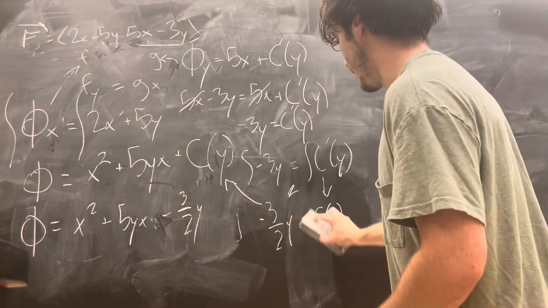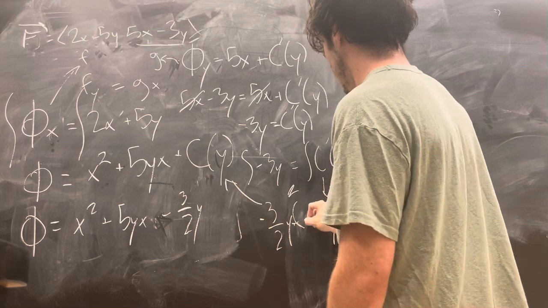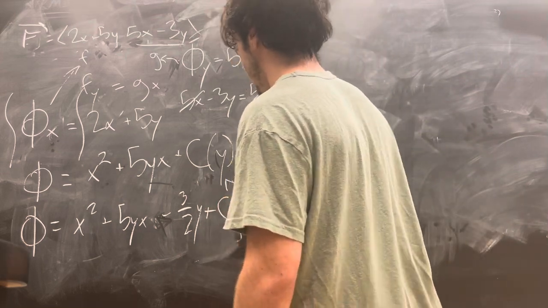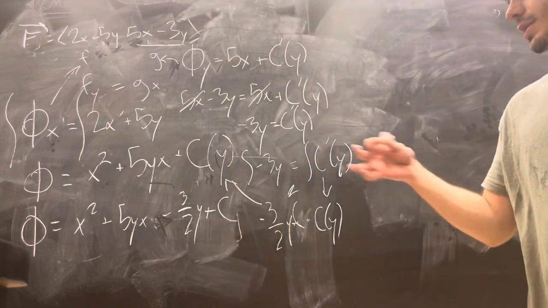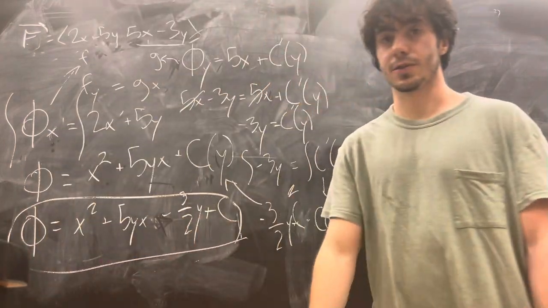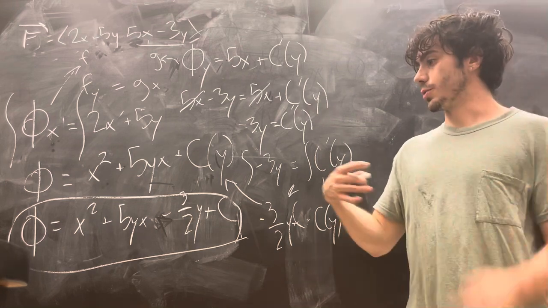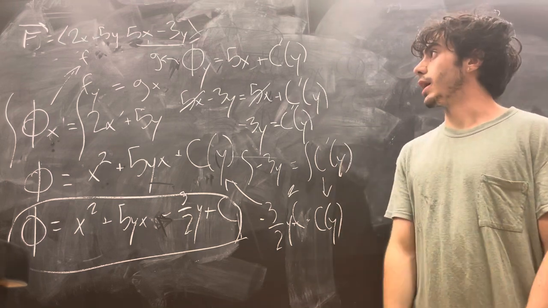Oh, and I should add plus some constant, right? Because we're integrating. Tack on that plus c at the end. And this is how we find the potential function given a conservative vector field, and how to check in the first place if it is conservative. So this pretty much sums it all up.